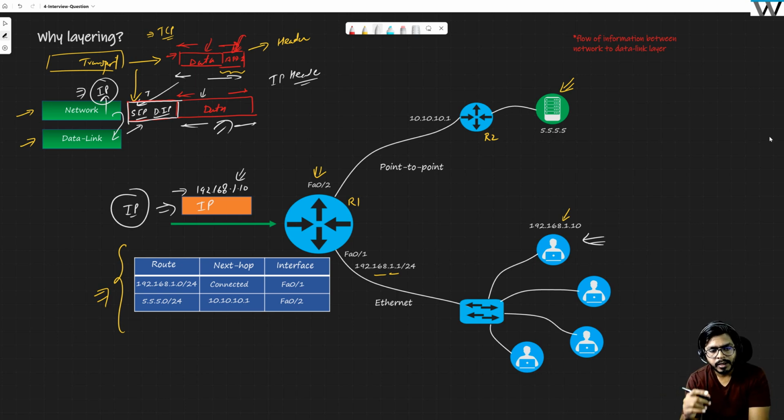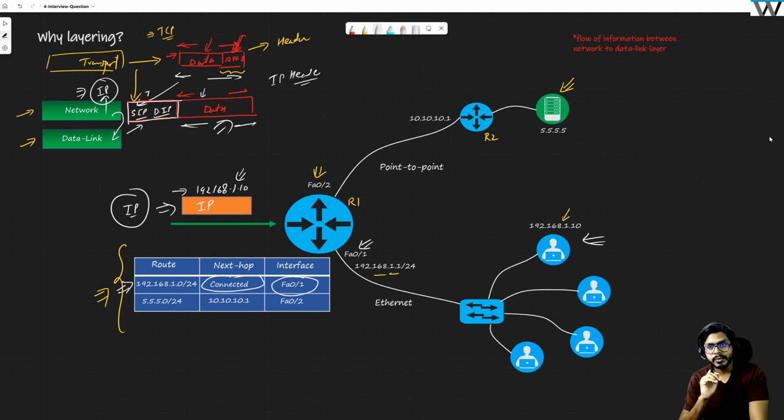The router sees that this is 192.168.1.10. I can find this IP address in my connected route, which is connected over the FA0/1 port, right here. So this router knows exactly where it needs to forward this IP packet.